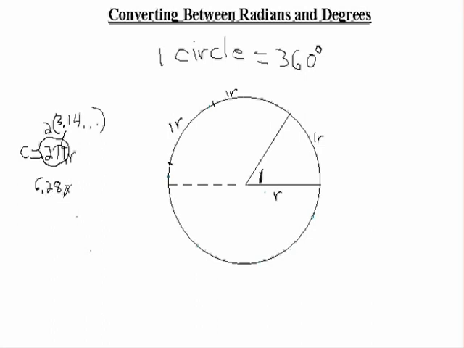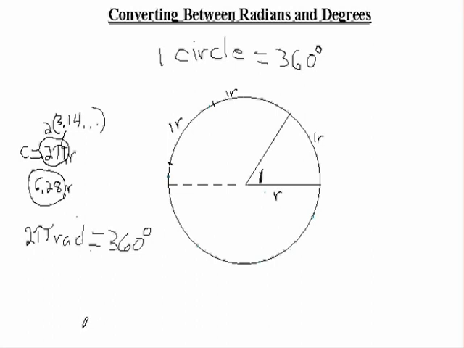And since the number of radii in the arc is the number of radians that the angle is measuring, then we can say that 2 pi radians is equal to 360 degrees.